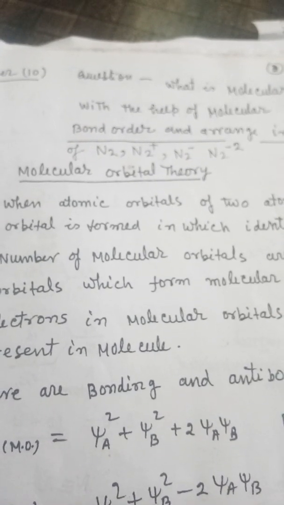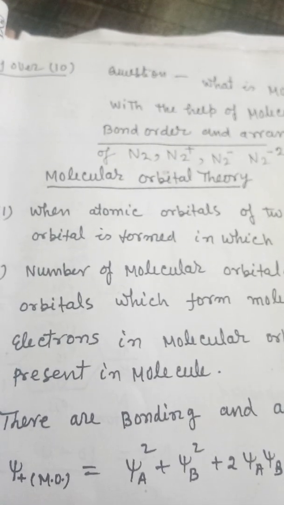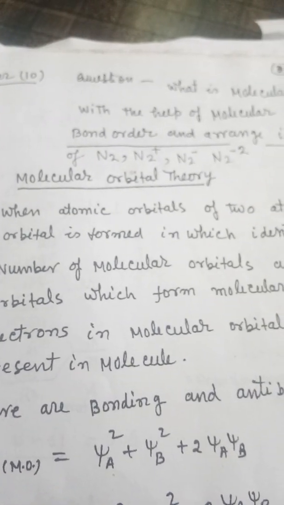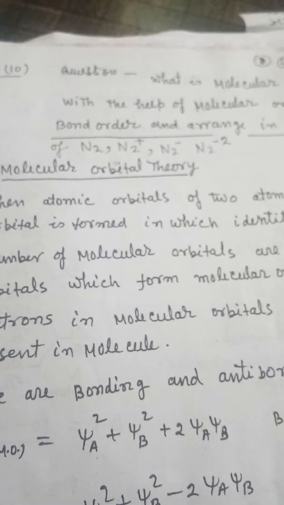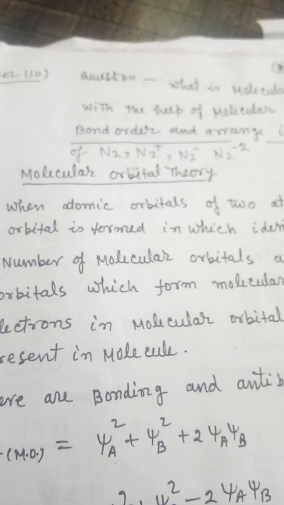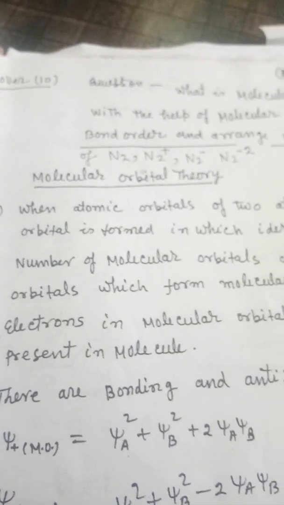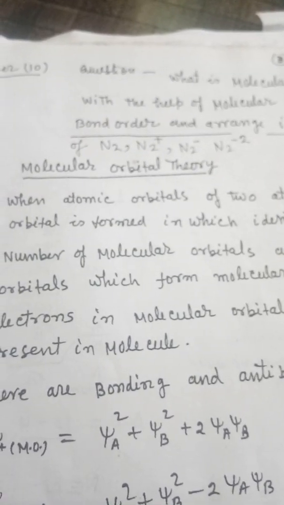The magnetic behavior was not explained by valence bond theory. So when molecular orbital theory came into the picture, everything became clear and was explained on the basis of molecular orbital theory. So what are the postulates of the molecular orbital theory?